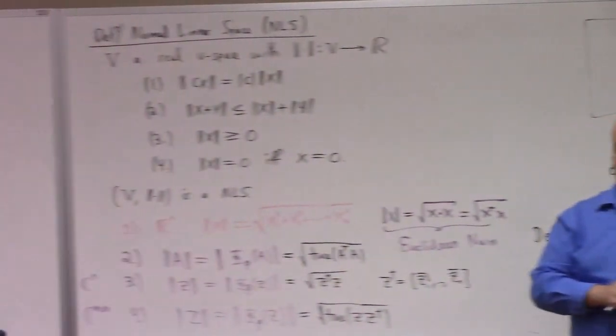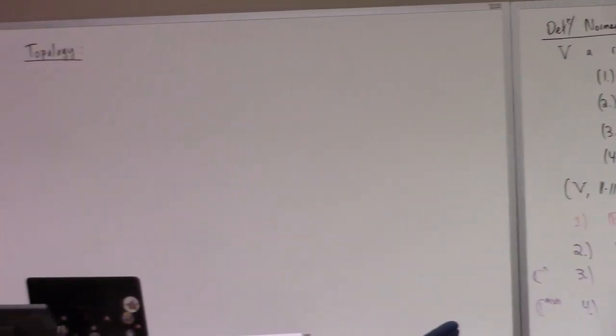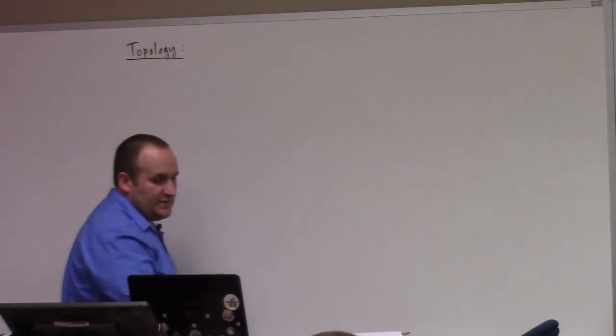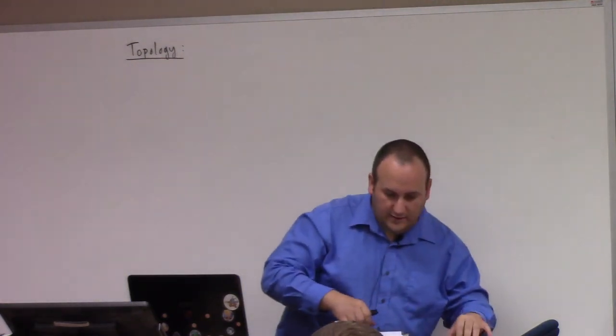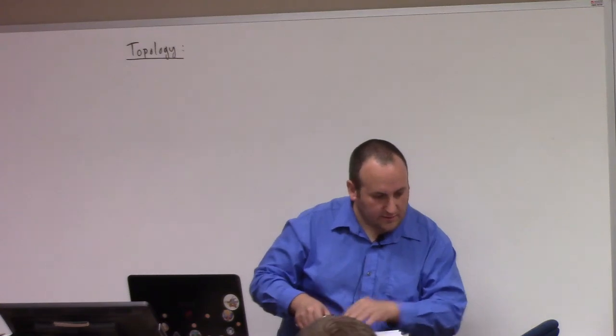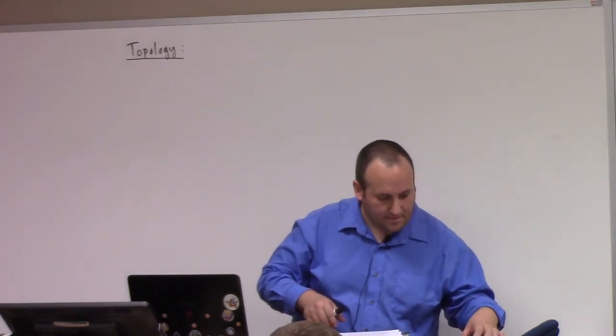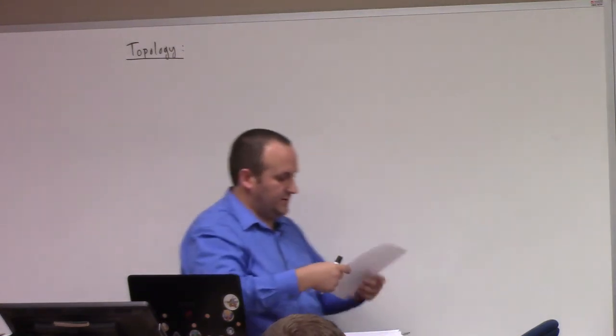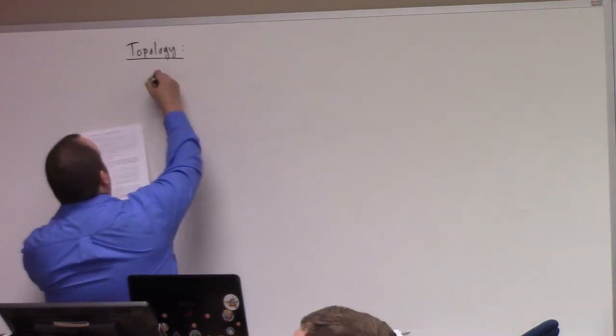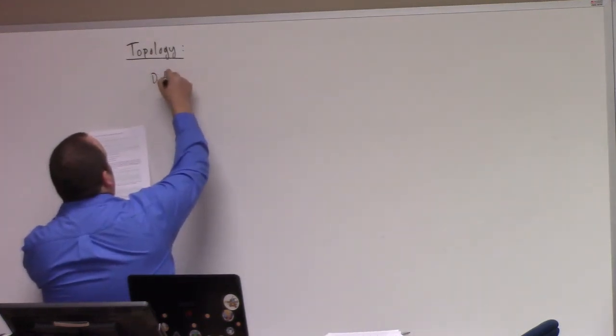So when I'm trying to describe to you the topology of a normed linear space, I'm trying to give you an explanation for which sets are open and also which sets are closed. So we need some language, which is not hard. So here it is. Definition.